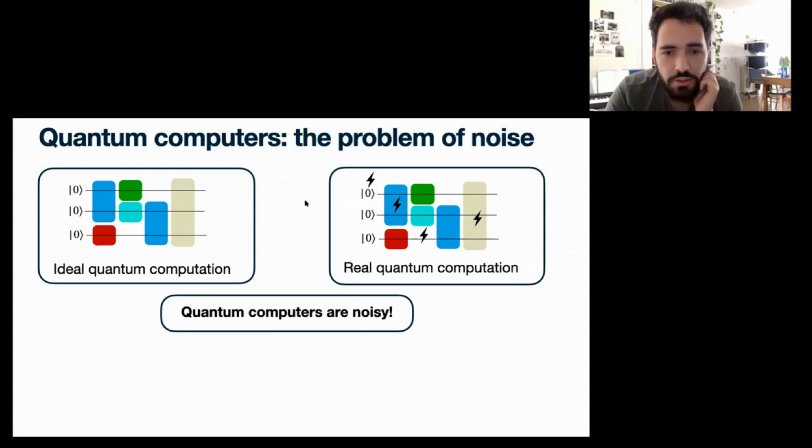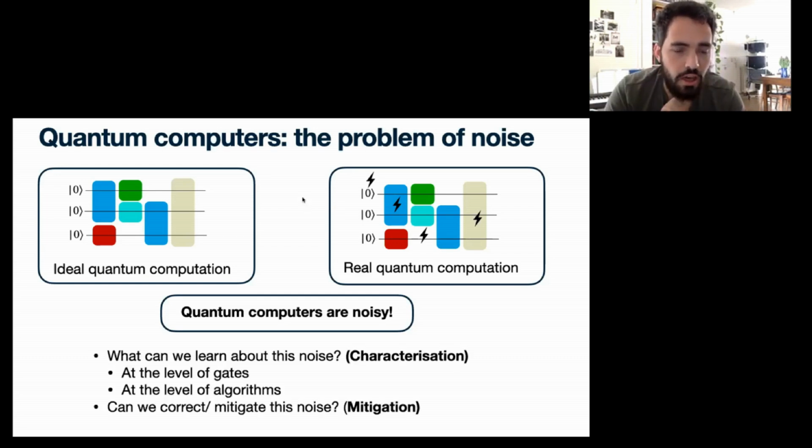And when I say taking into account, in my research, I particularly mean two things. The one thing I really care about is learning things about this noise, which is what I call characterization. And when I say learning, I don't mean this at the physics level. So I don't mean what are the materials that my devices are made of and are there any device imperfections. I mean this more at the level of the computation itself.